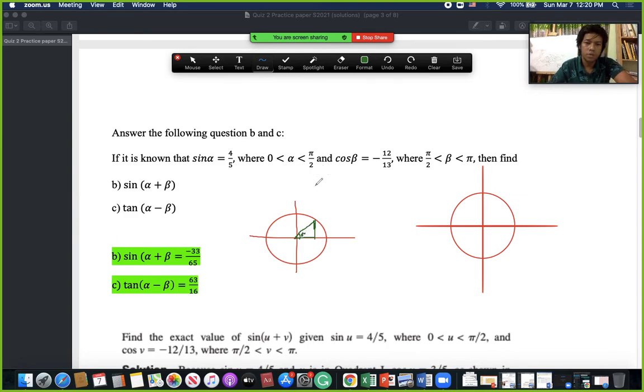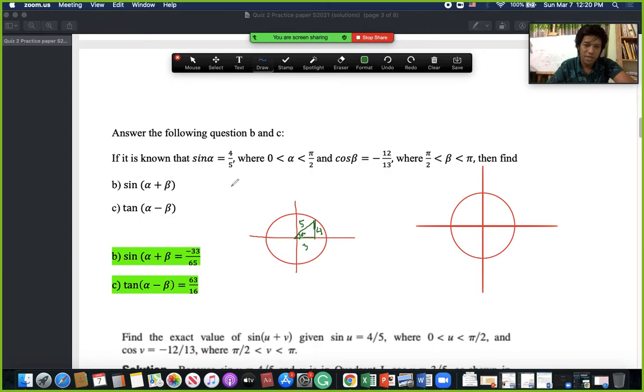Okay, so 4 by 5 means our sine. So this side will be 4 and this side will be 5, because sine means opposite by hypotenuse. If this is 4, this is 5, then this is 3, because 3, 4, 5 is a Pythagorean triplet. We know that. Or you can use the Pythagorean formula also. They will also give you the same answer.